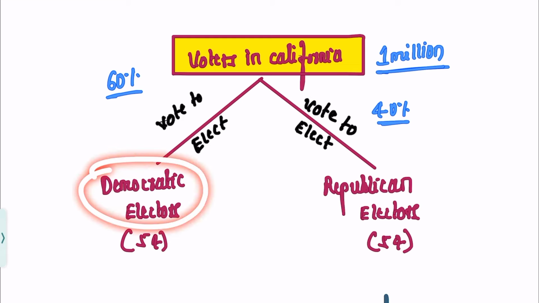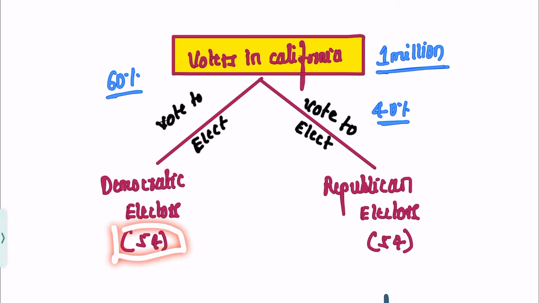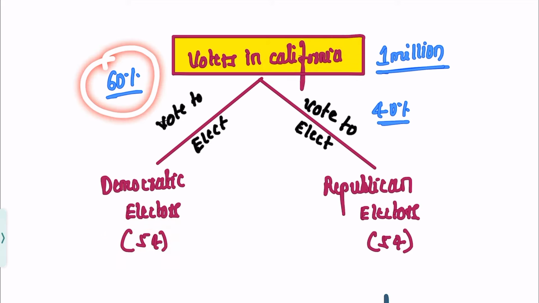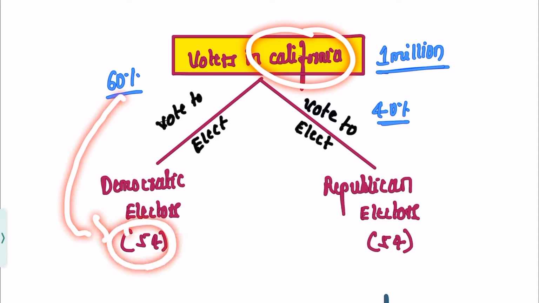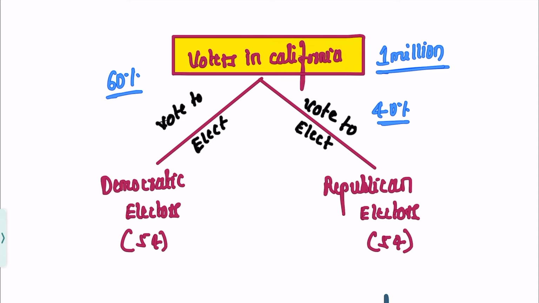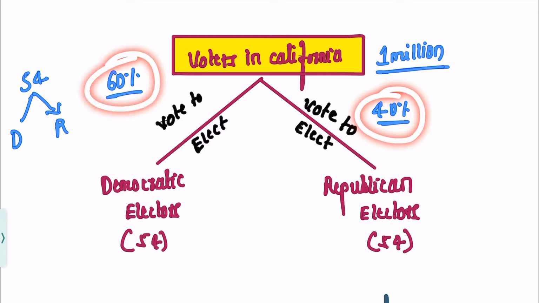Now what happens because of this majority that the Democratic Party has secured in California? The Democratic Party had nominated 54 electors in California, right? So because the Democratic Party secured the majority in California, it will secure the votes of all the 54 electors. It's not like out of 54, 60% of the electors' votes go to the Democratic Party and 40% go to the Republican Party because of their respective vote share.